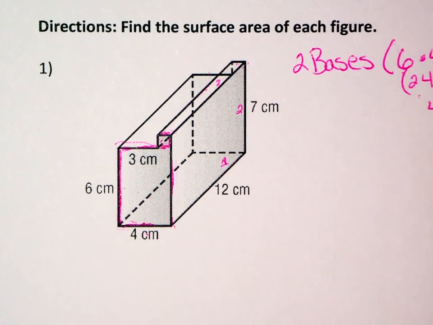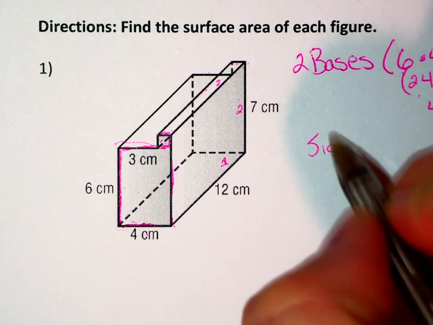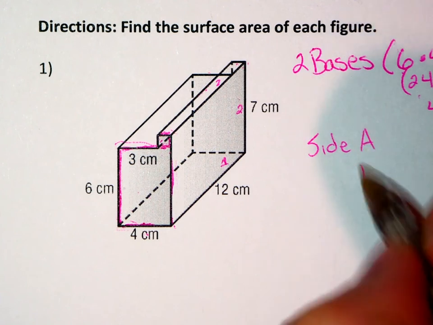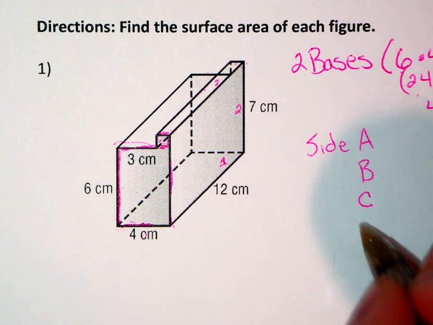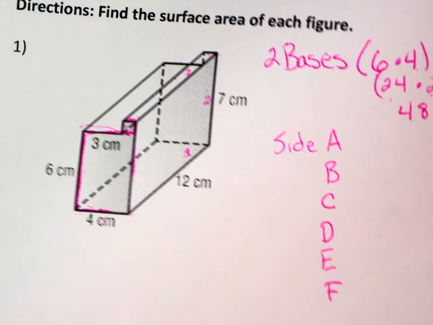So I'm going to go ahead and label all of these individually as side A, B, C, D, E, and F, so that I don't forget to calculate any of them.